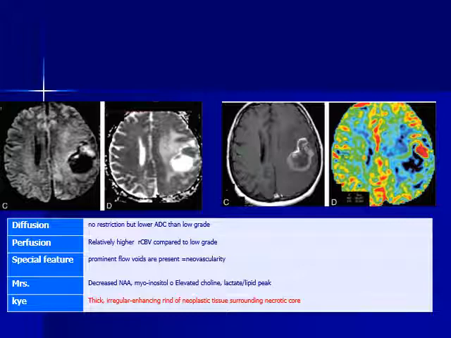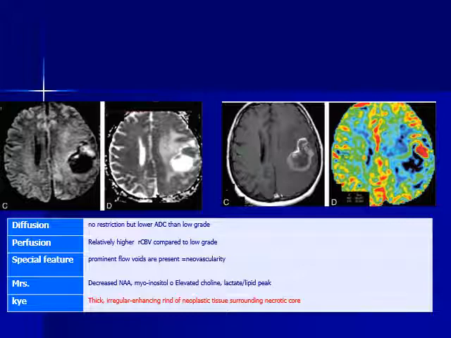Usually in abscess, the core is restricted while the periphery is not. But in glioblastoma multiforme, the peripheral enhancing portion is restricted because of high cellularity. Also, in perfusion, the wall, which is enhancing, is not hyperperfused in abscess, but the solid component in glioblastoma multiforme is hyperperfused.